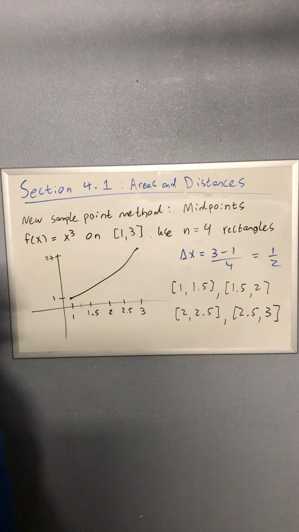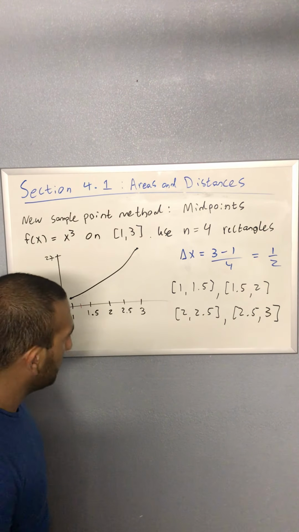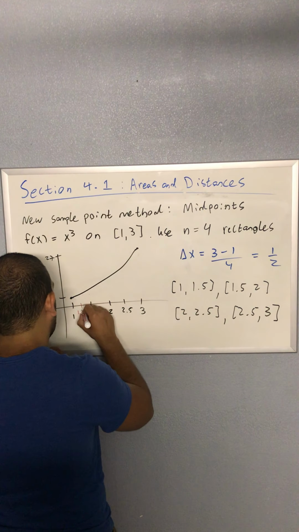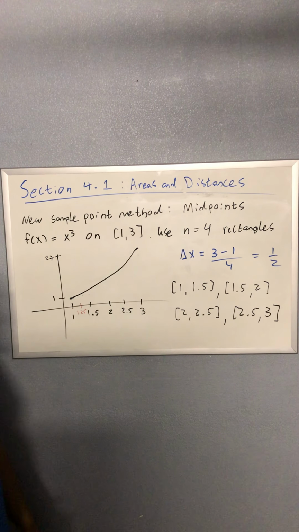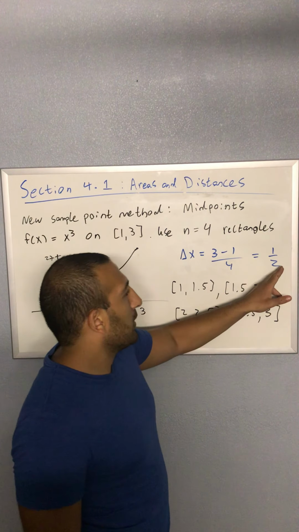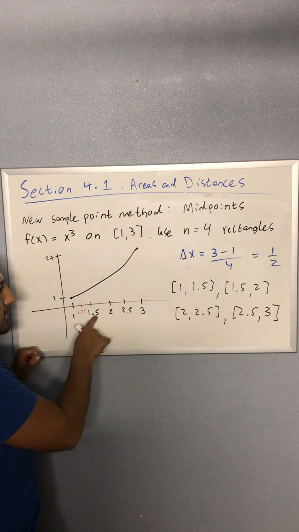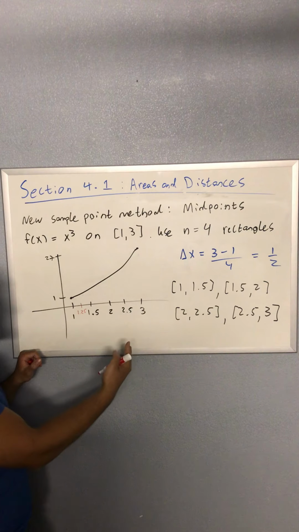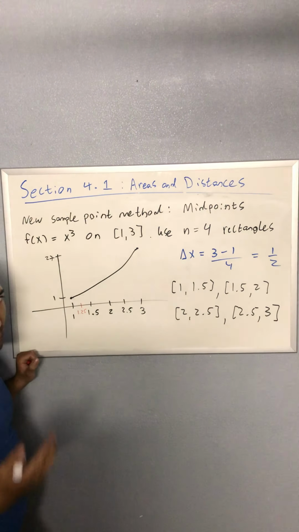So what is the midpoint of these two? Well, it's 1.25, correct? If you want a general way to get that: we went from here to here by adding the whole delta x, but to get to half of it, you add half of delta x. Half of 1/2 is a fourth, or 0.25.